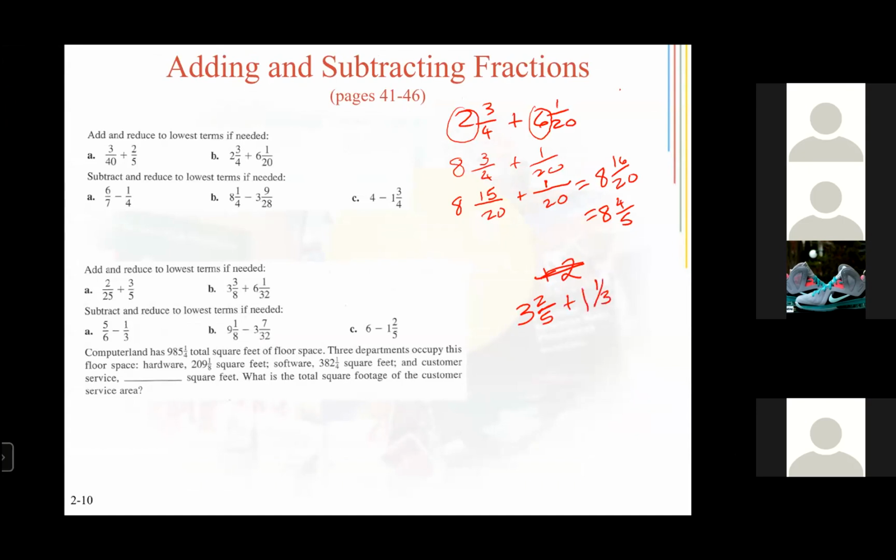Okay, so what's your common denominator for that one? 15. Okay. So when you add the whole numbers, you get 4. And you're going to use 15 plus 15. And then when you change 2/5 to something out of 15, what's the numerator?